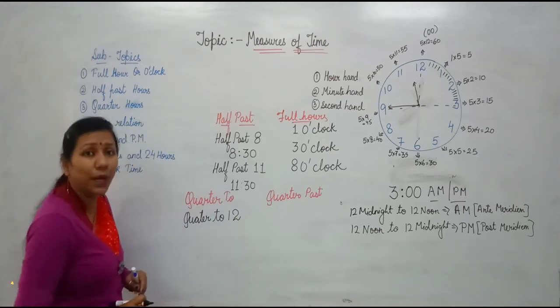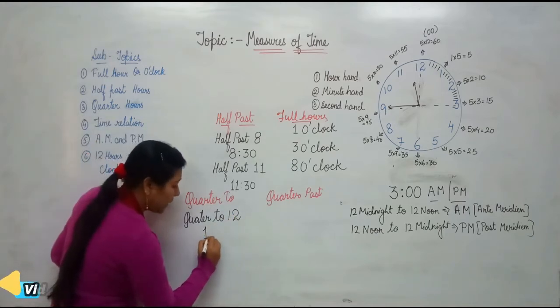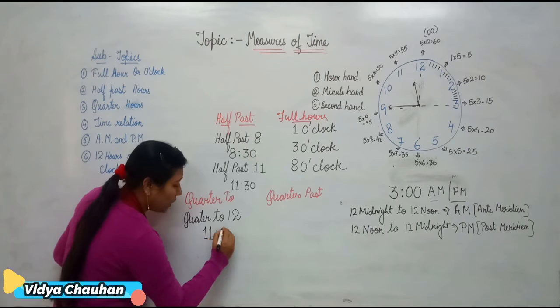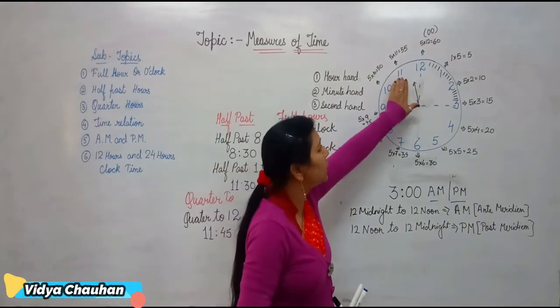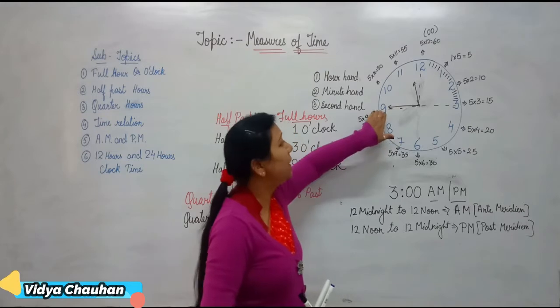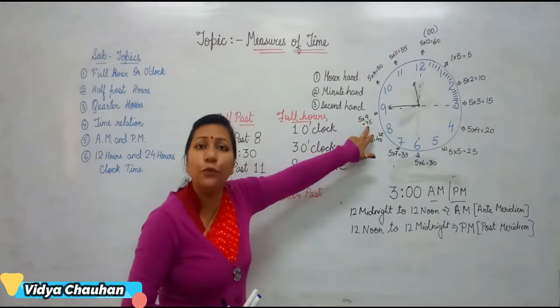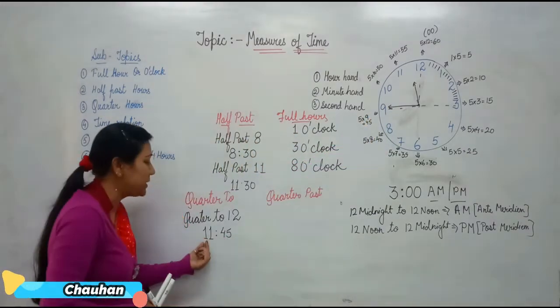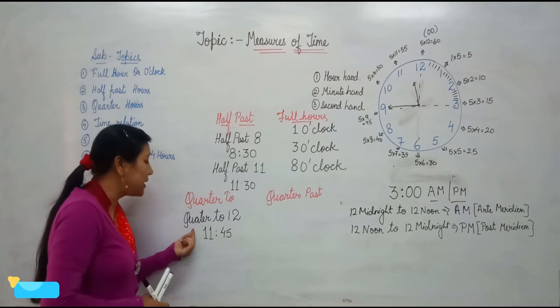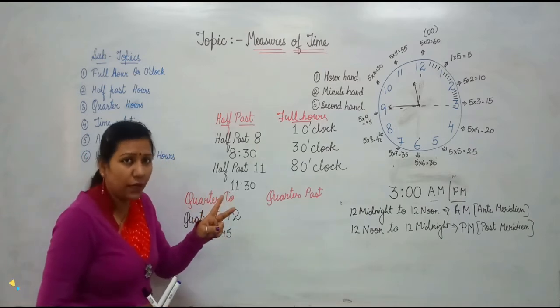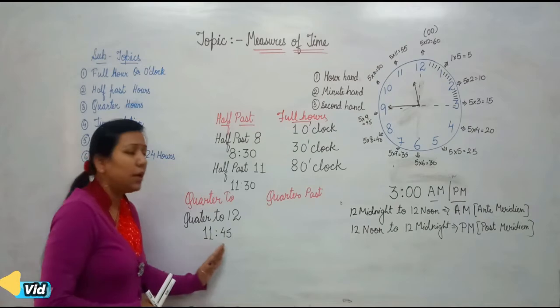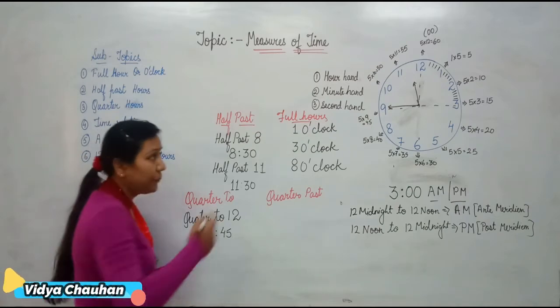Quarter to 12, or you can write it as 11:45, because your hour hand has crossed 11 and the minute hand is at 9. So 9 fives are 45. So that's where the time is 11:45, or you can say quarter to 12. We can say it both ways. Quarter to 12 or 11:45.